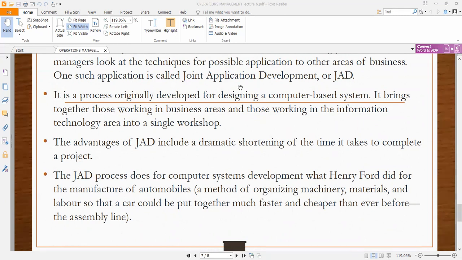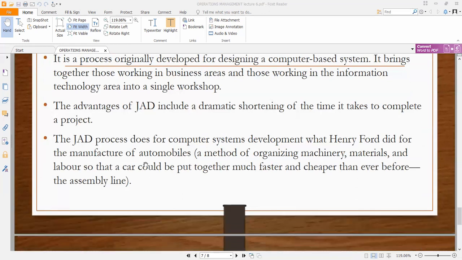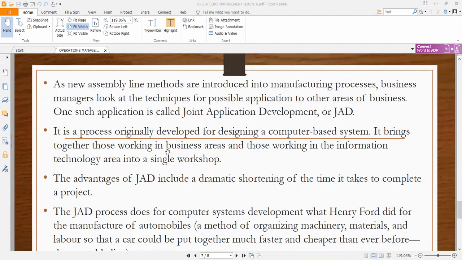Now, this is one of the systems that was used by a well-renowned CEO, Henry Ford, the man behind the Ford vehicle.